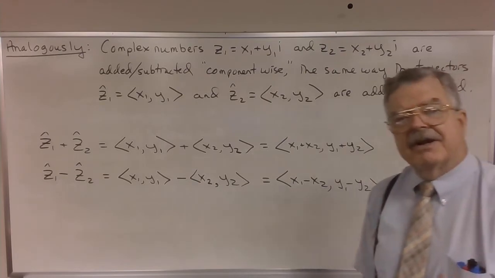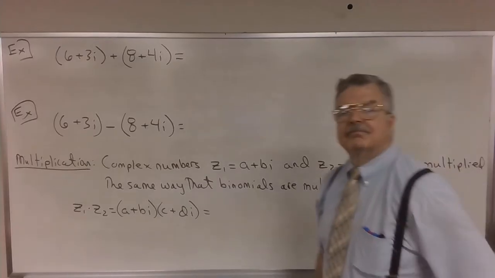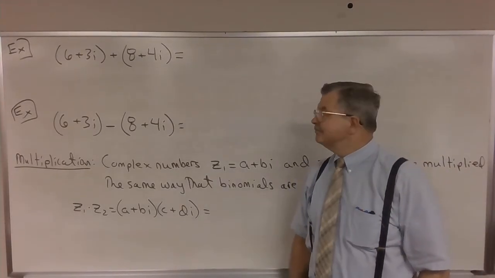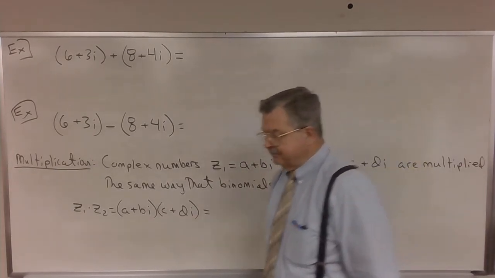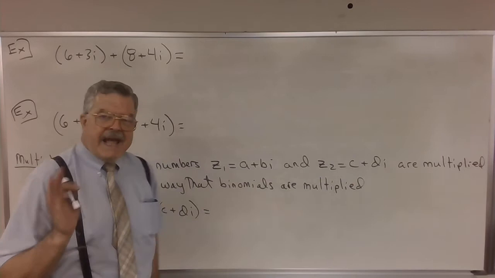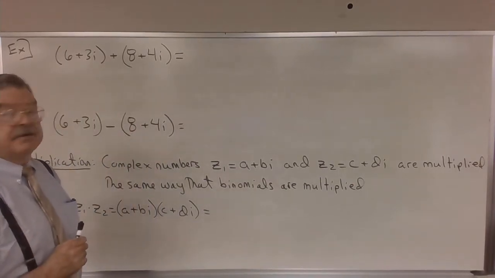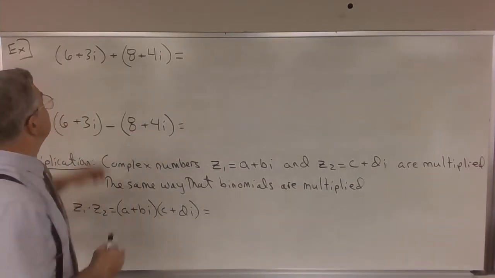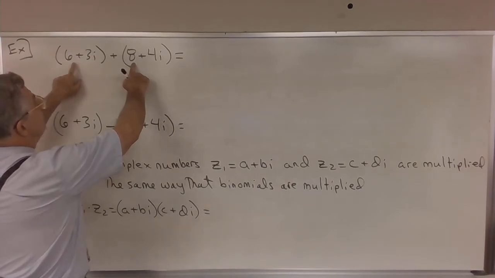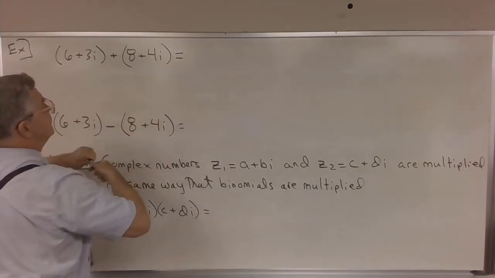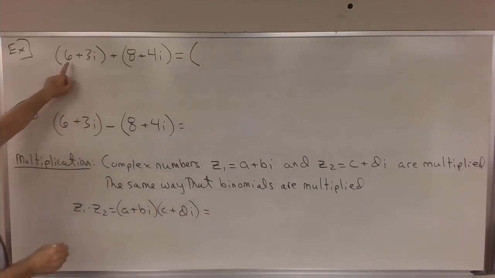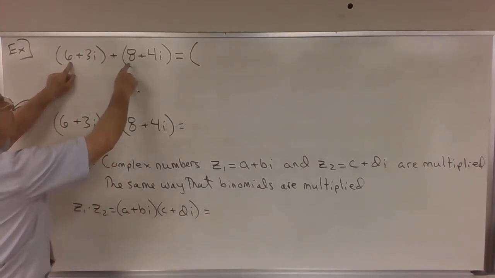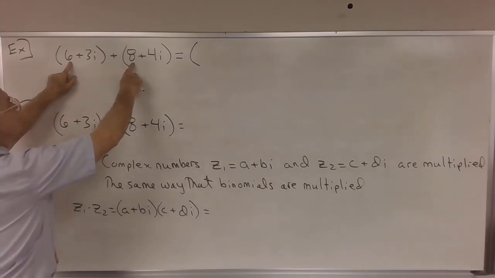So let's look at a couple of examples. We add complex numbers component-wise, real plus real, imaginary plus imaginary. So let's do the reals. The real part of the first plus the real part of the second.